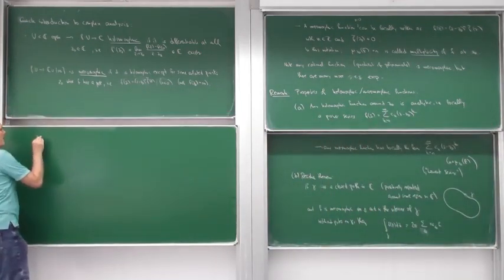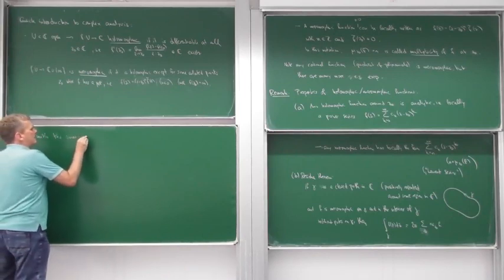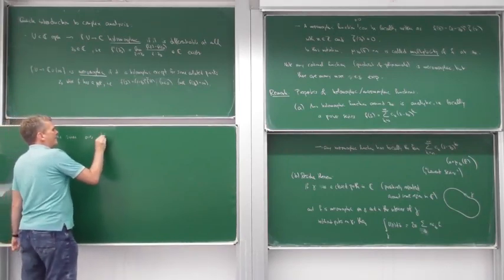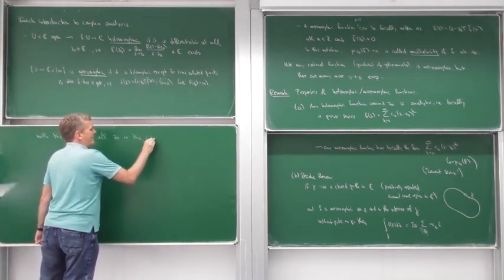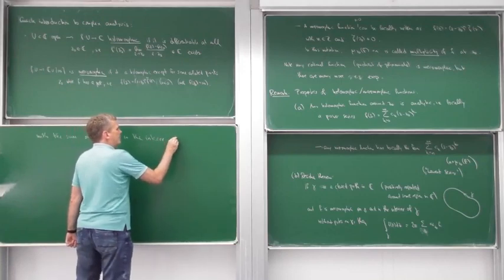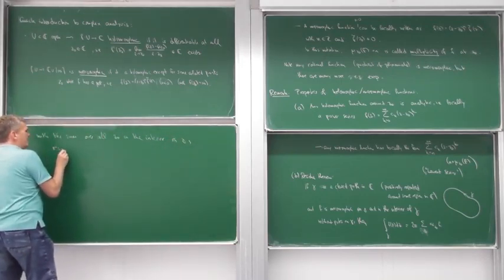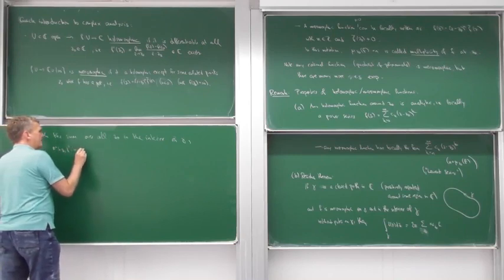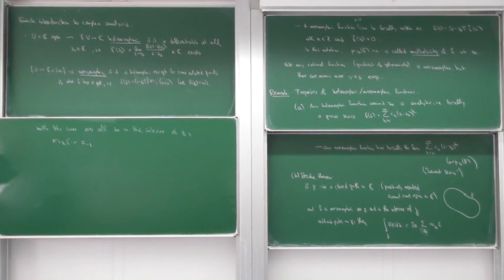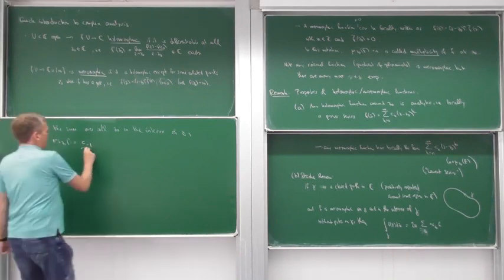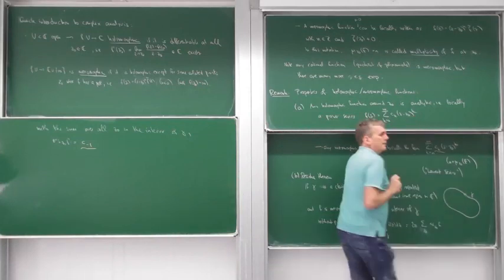So the residue at z0 of f is defined to be the c_{-1} coefficient in the Laurent series expansion.